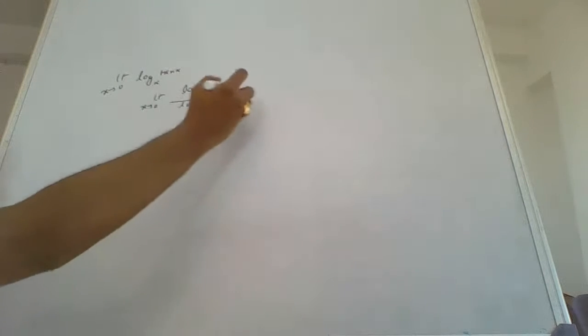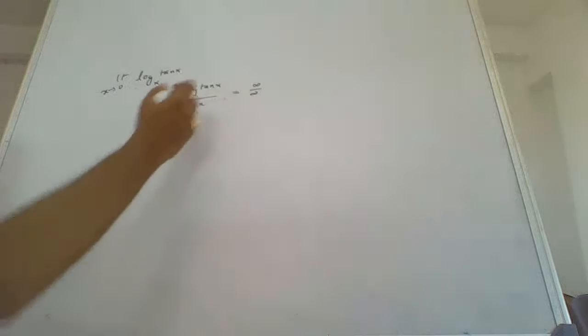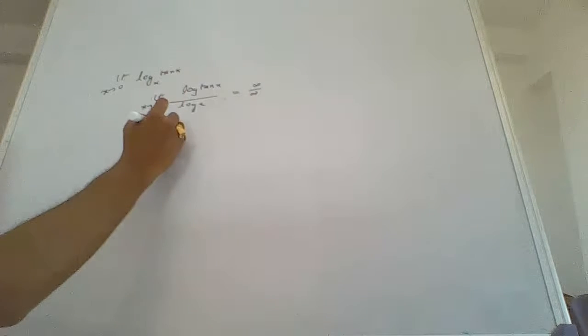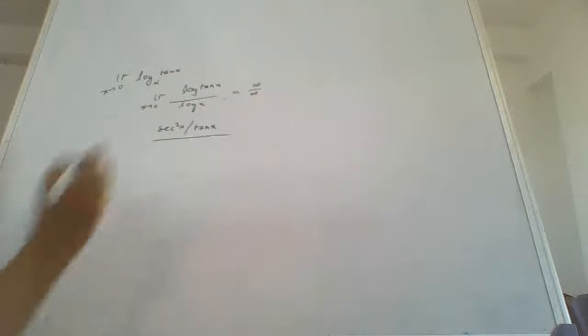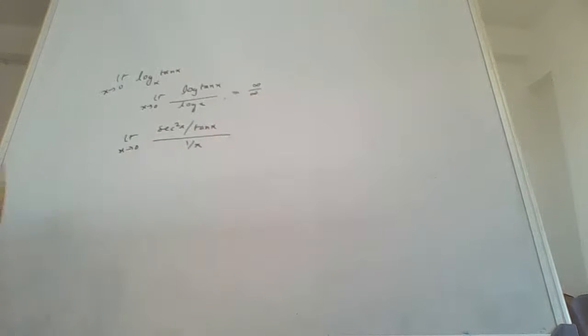Now when I put 0, I get infinity by infinity, which is an indeterminate form. Again, by using L'Hopital's rule here, the differentiation of tan is secant square, and this is 1 by tan. So secant square x divided by tan x, and this is divided by 1 by x, limit as x tends to 0.